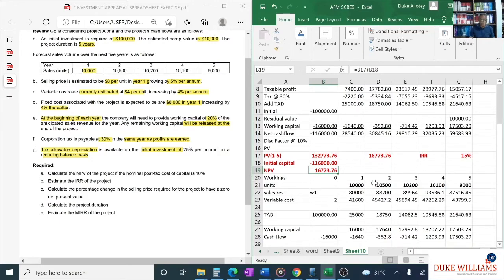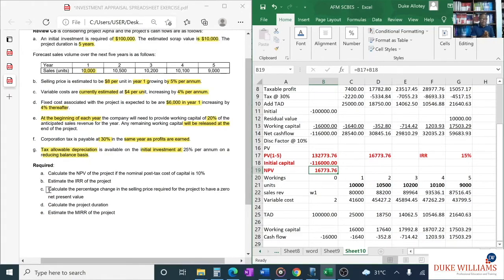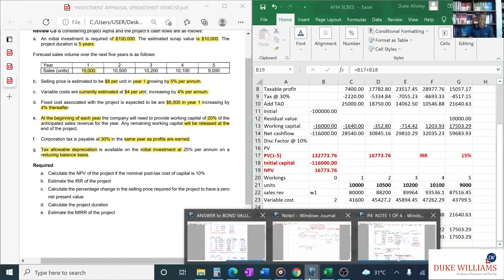So the next, C, is where financial management students will end, and those doing advanced financial management can look at what is meant by modified internal rate of return, or the project duration, and so forth. It says calculate the percentage change in selling price required for the project to have a zero net present value.